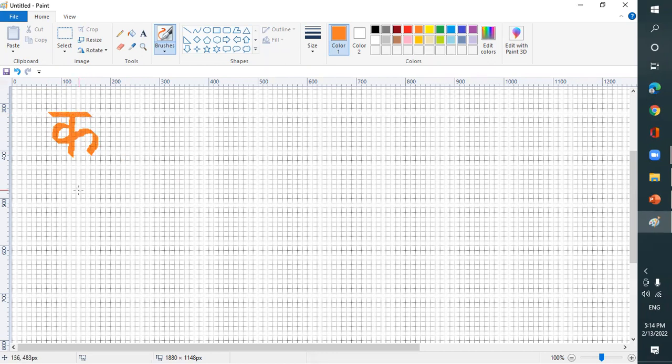Then the next alphabet. I will write all those alphabets so that you will remember them. You should not use the normal u and u matra, which we have learned. This is g. Then I hope students also remember the alphabets as I'm doing this. This is j.